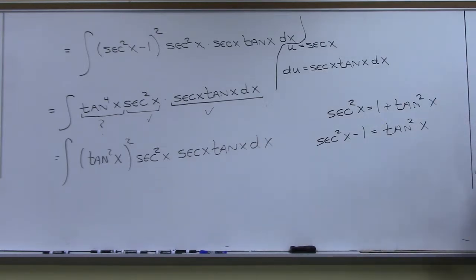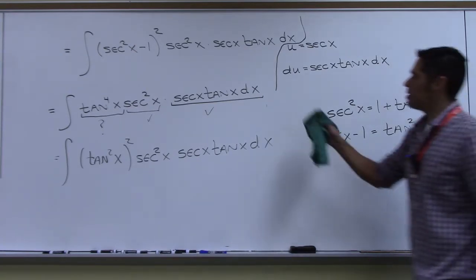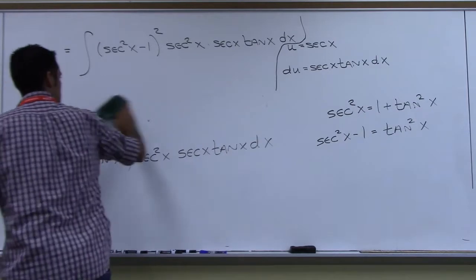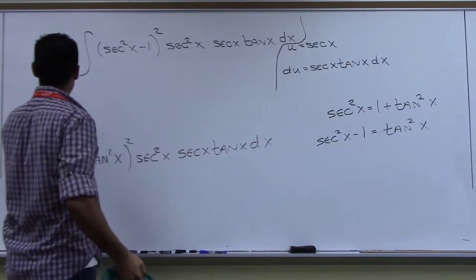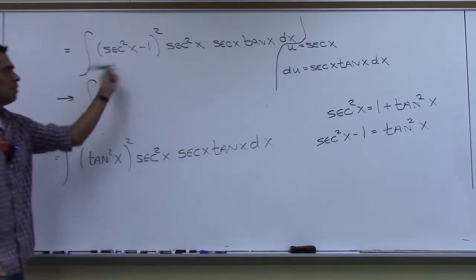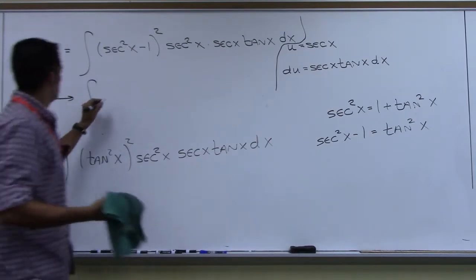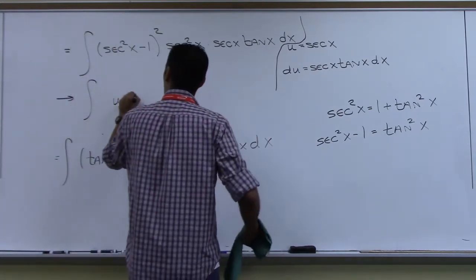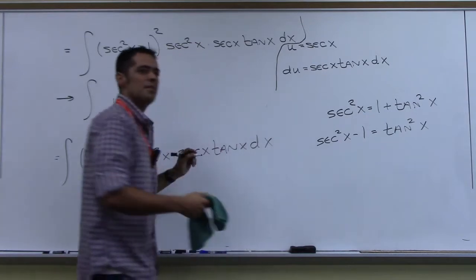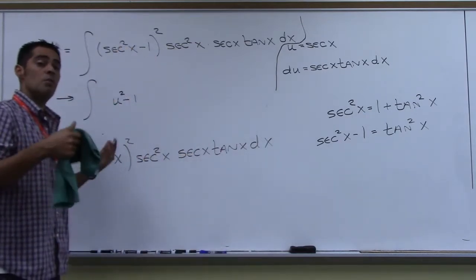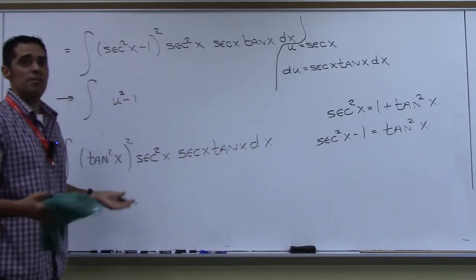Okay, I'll give my table another opportunity here. So you want to tell me what it's going to be then? Hold on, give me a second to erase this. It's still an integral, right? So what's it going to read? U squared minus 1, squared. The way you can say that, because we run into this a lot, is u squared minus 1, quantity squared.